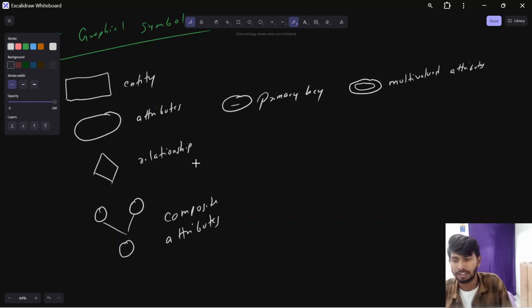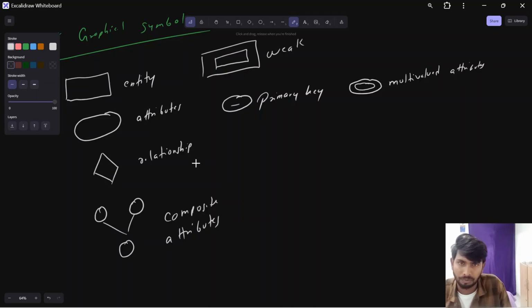This is relation, entity, and we have a weak entity. Okay, this is a weak entity. After that, what we need again? Entity, weak entity, attributes, primary key, multi-valued, relationship, composite, and that's it.